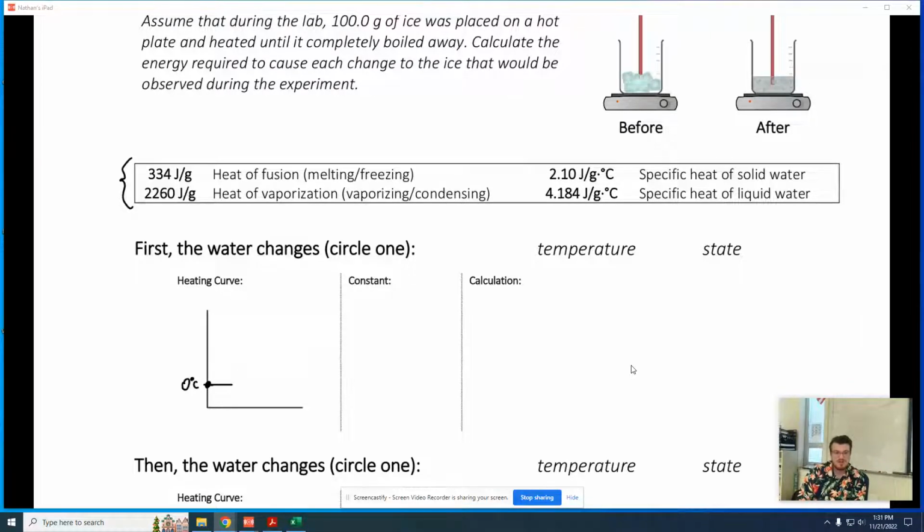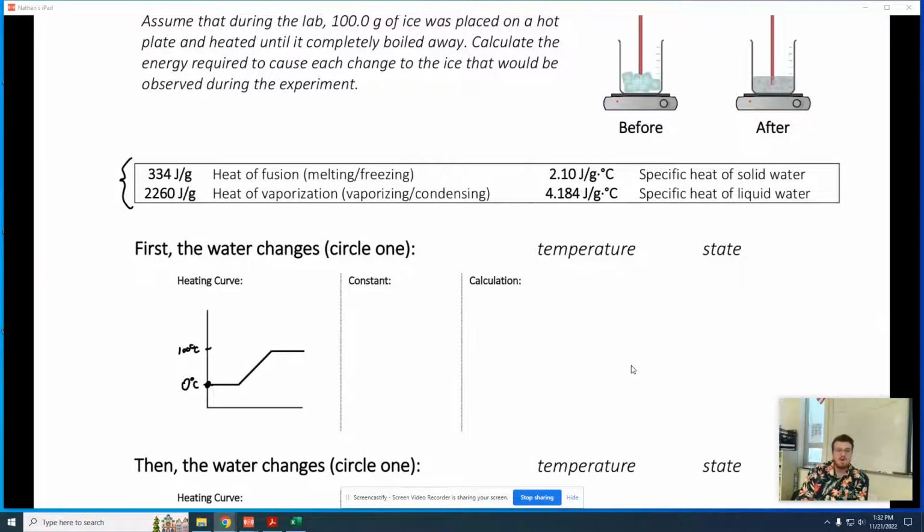So we're going to start off with a phase change, which we've talked about is represented by one of these horizontal regions on our heating curve. Then, once all of our solid water has become liquid water, the temperature can start increasing again until we hit the boiling point, which is 100 degrees Celsius, and then we're going to have another plateau, or another flat region.